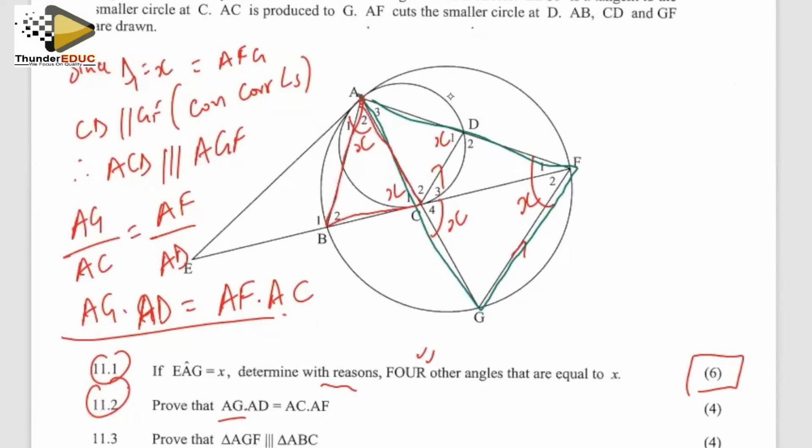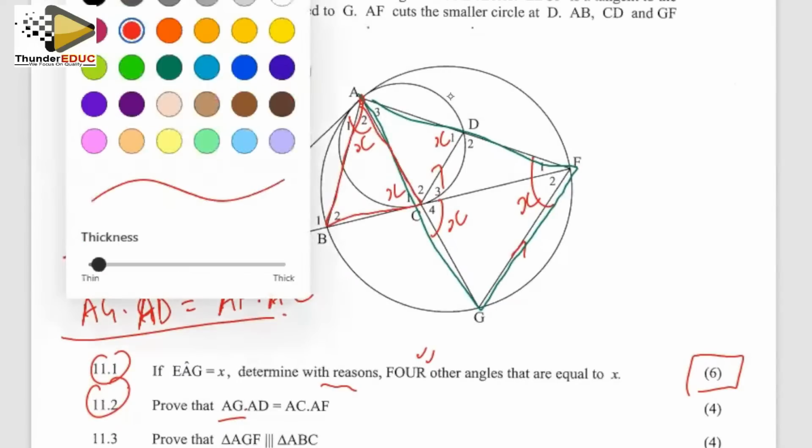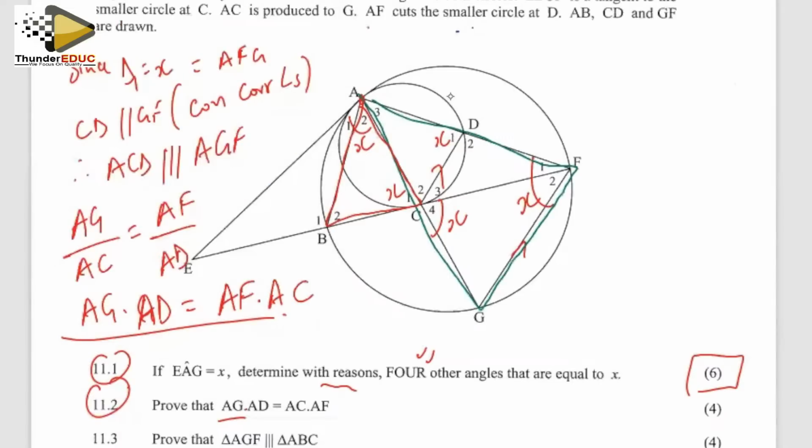All right, so what I can spot from the word go is I have this X here, and I already have the X there. So I'll say AFG is the same as ACB, which is X. We've proved that, because initially they told us to show that. So that is proven.